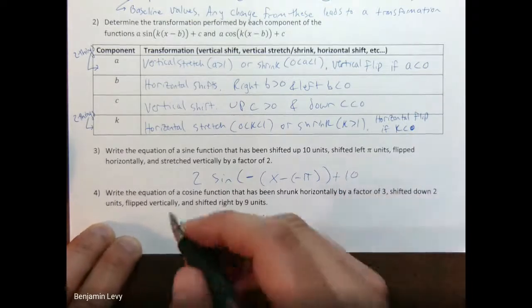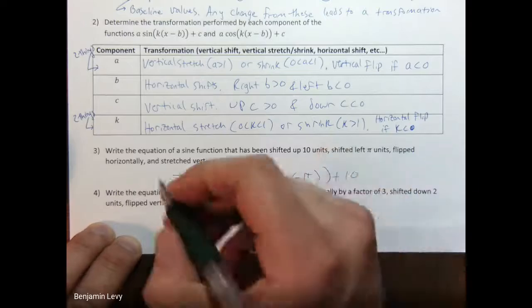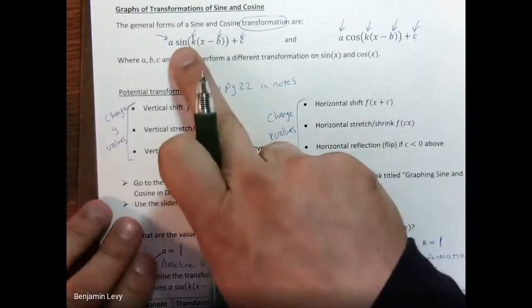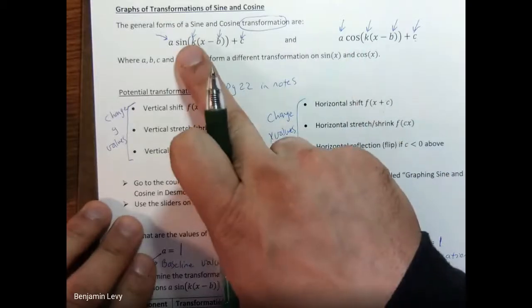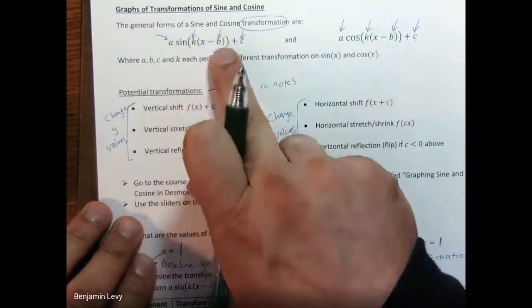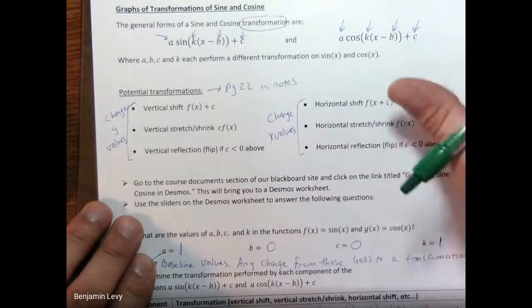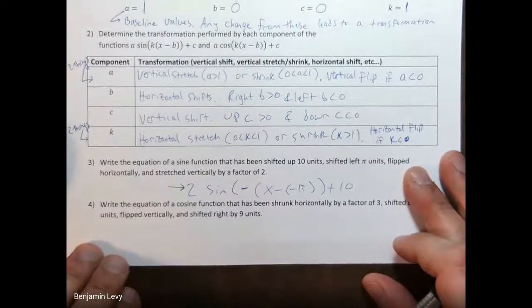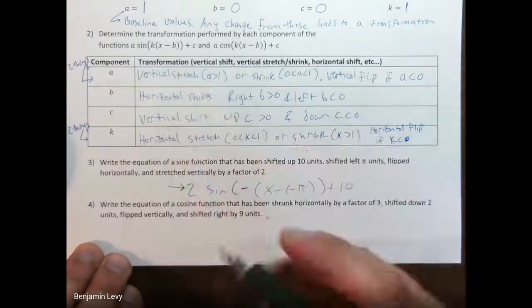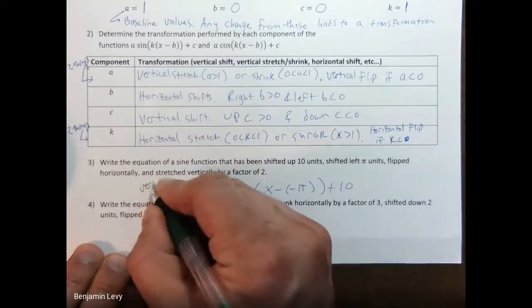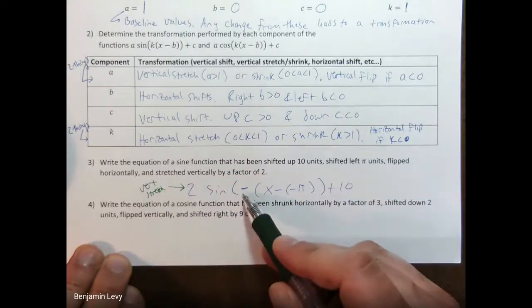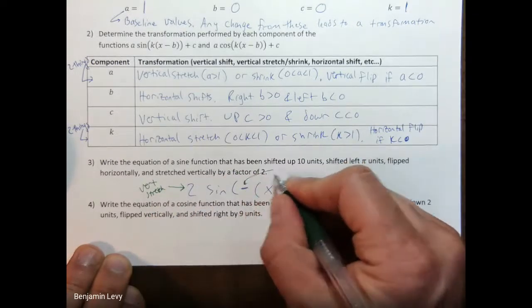To be more clear, I'm plugging these values into the general forms of sine and cosine, right? We just figured out what a, k, b, and c do in the table, and now I'm applying it here. The 2 is the vertical stretch, because a is a vertical stretch. The negative sign is flipping things horizontally.